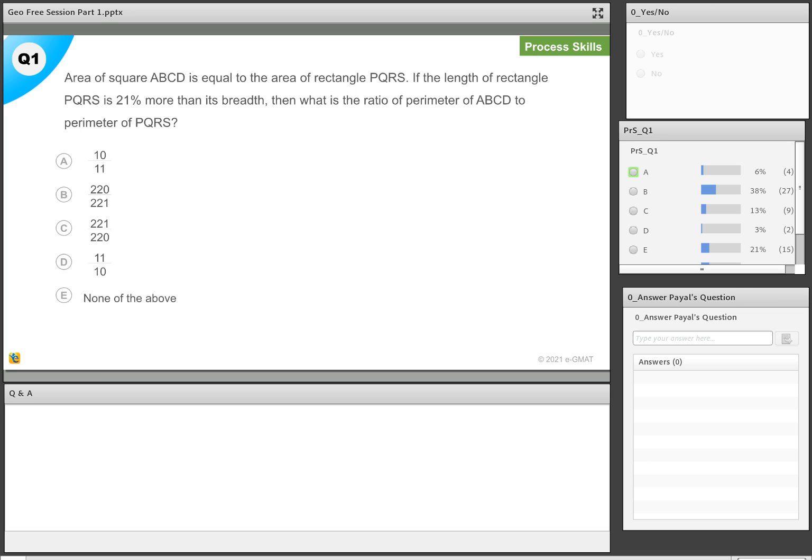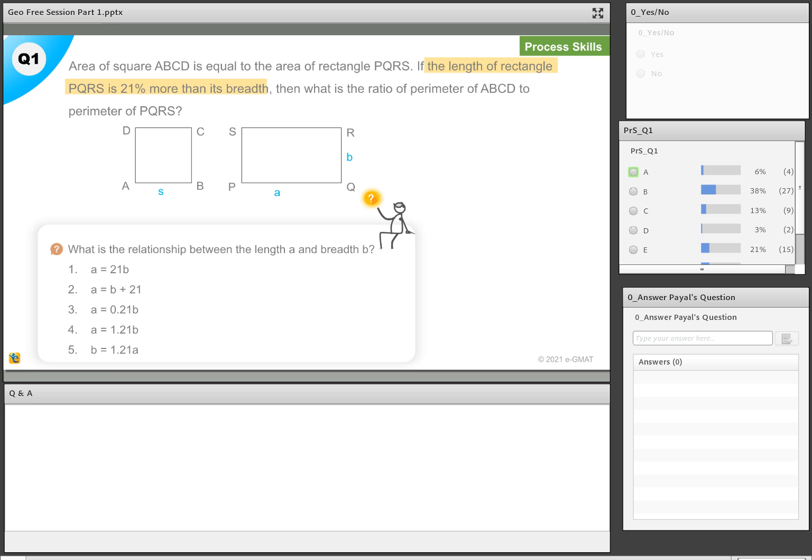So let's go through the solution, and then we're going to come to the final conclusion as to why that is the case. My guess right now is that it's really the translation skill that you're not able to apply, which is not related to the hardcore concepts pertaining to geometry. You're not able to translate the information. So let's see whether my hypothesis is correct or not.